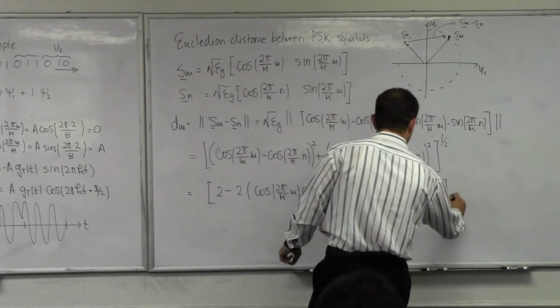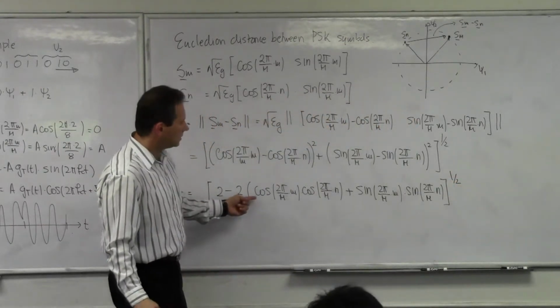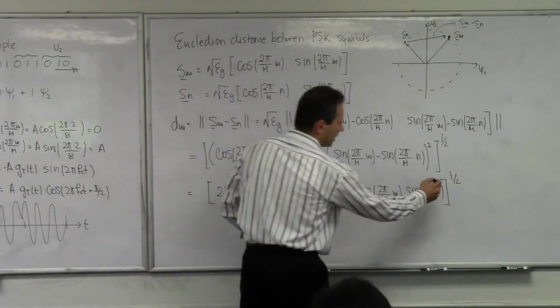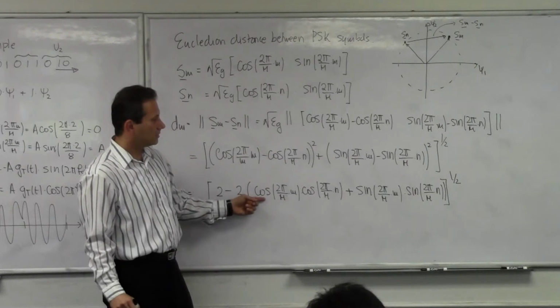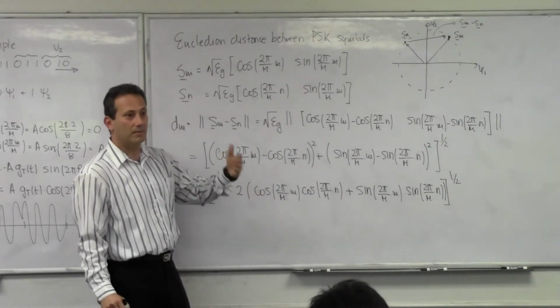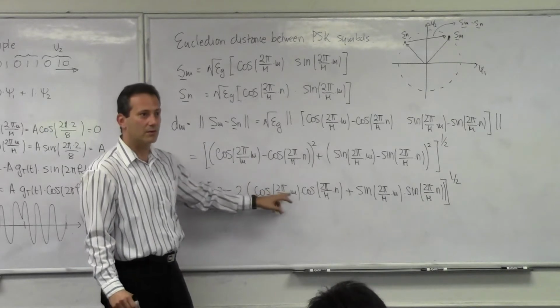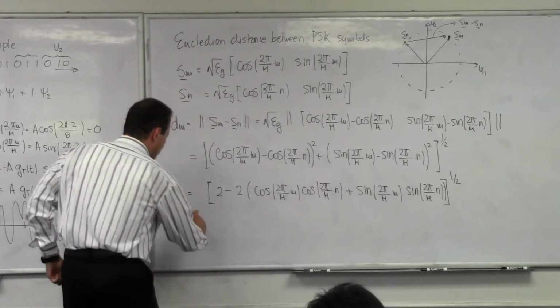And then I have to close the bracket and take the square root. Now, this thing here in parentheses we recognize. What is this? It's the cosine of the difference, right? Cosine alpha minus beta is cosine alpha cosine beta plus sine alpha sine beta. So this is cosine of the difference.